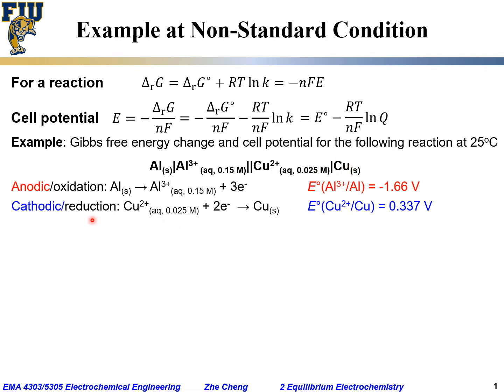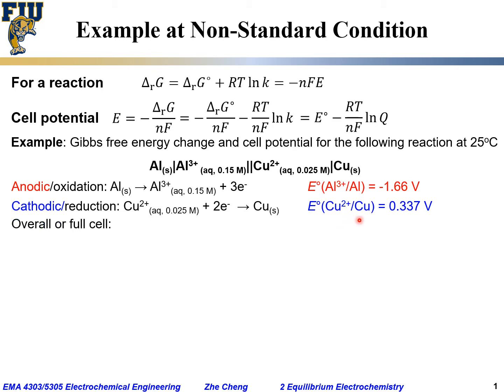For this cathodic half cell reaction, the standard electrode potential for this redox pair, copper 2+/copper, would be 0.337 volt. So now we have the standard electrode potential for each of these redox pairs, one for aluminum 3+/aluminum, the other for copper 2+/copper.